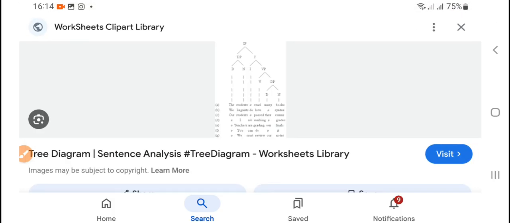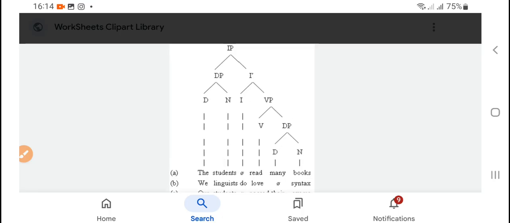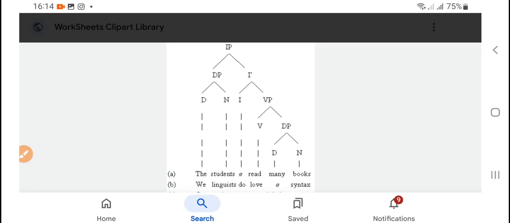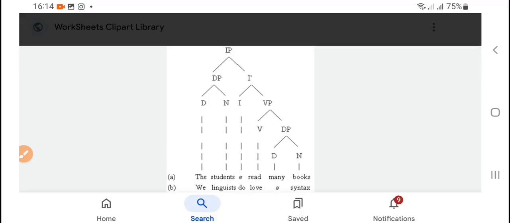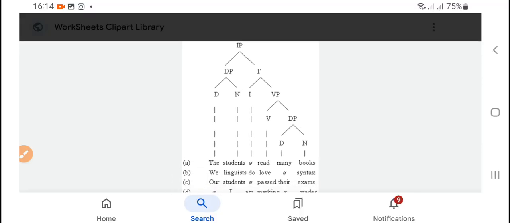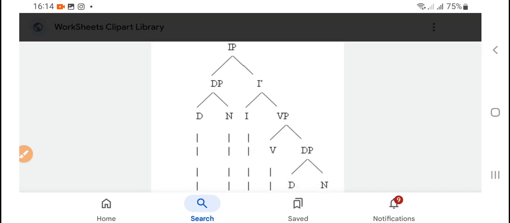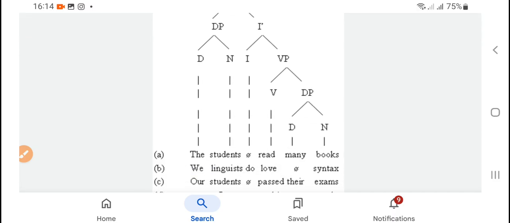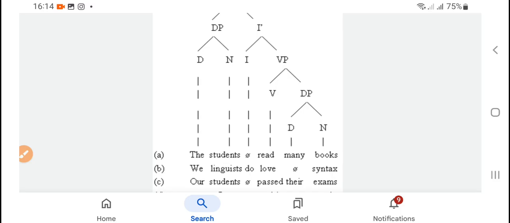Okay. Then, what is this? They are talking about the student, right? The student read many books. The student, an inflectional phrase actually they are talking about. The student, right? Okay. Read many books, whatever, right?